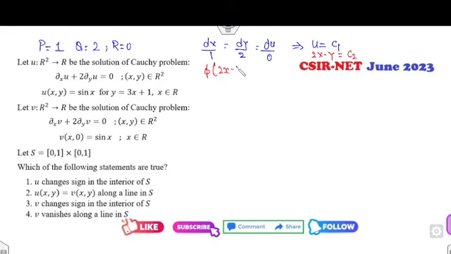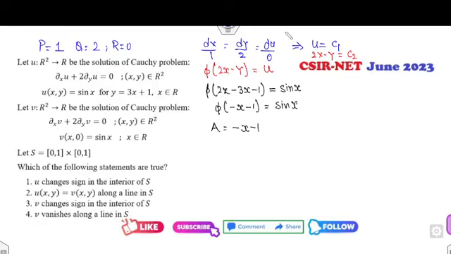Phi of 2x minus y is equal to u. Apply the initial condition. Phi of x will be x, y is equal to 3x plus 1, u is my sine x. Fine. I can say this is minus x minus 1 is equal to sine x. I can take a is equal to minus x minus 1.